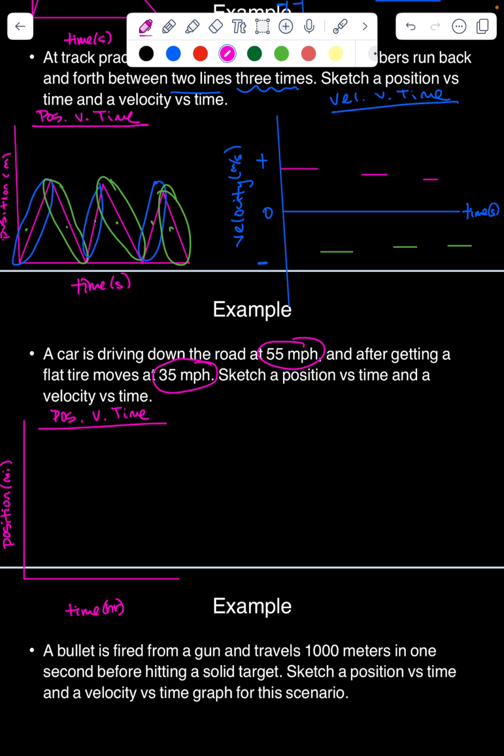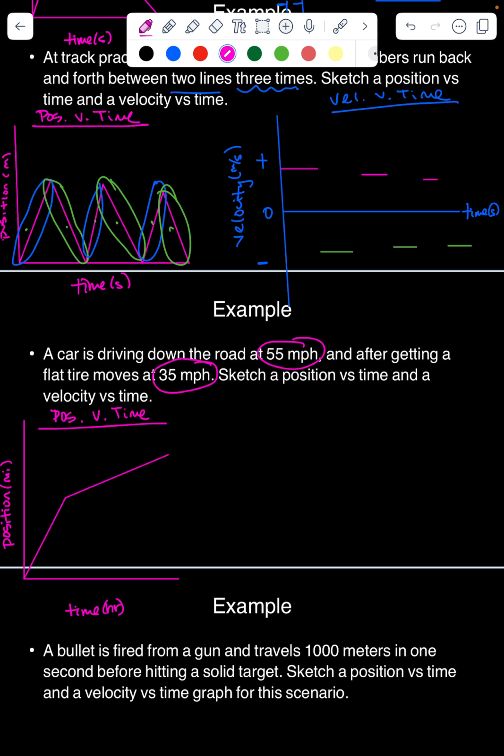We know that the difference between a faster velocity and a slower velocity is the steepness of the line, the steepness of the slope. So if we're starting at a faster velocity, then our first line is going to be steeper, followed by a second line that's going to be not so steep.